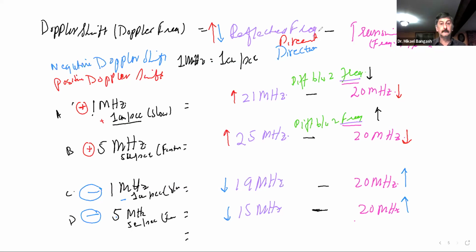Clear? So approaching at 1 centimeter per second, leaving at a speed of 1 centimeter per second. Approaching at a speed of 5 centimeters per second and leaving at a speed of 5 centimeters per second.